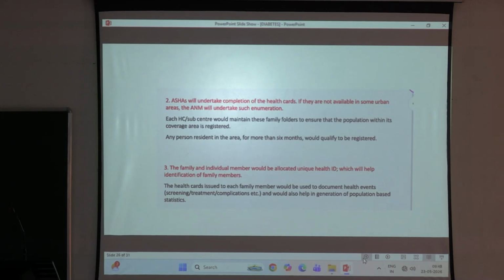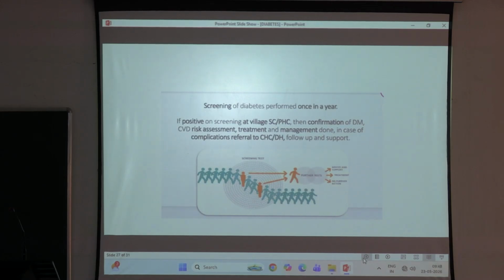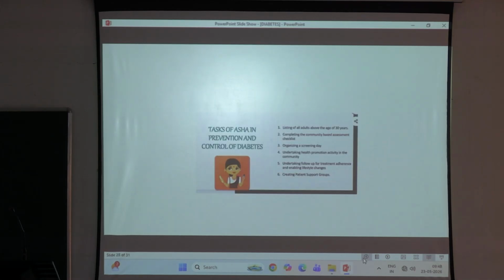This also documents health events, screening, treatment, complications, etc. Screening of diabetes is performed once a year. If it is positive at the village level subcenter, then confirmation of diabetes mellitus and cardiovascular assessment is done, and in case of complications, referred to CHC or district hospital.